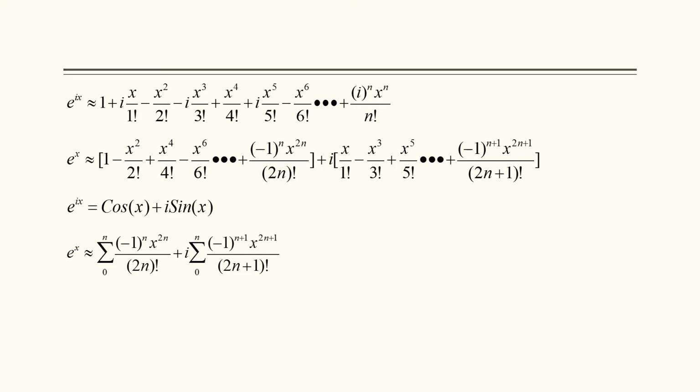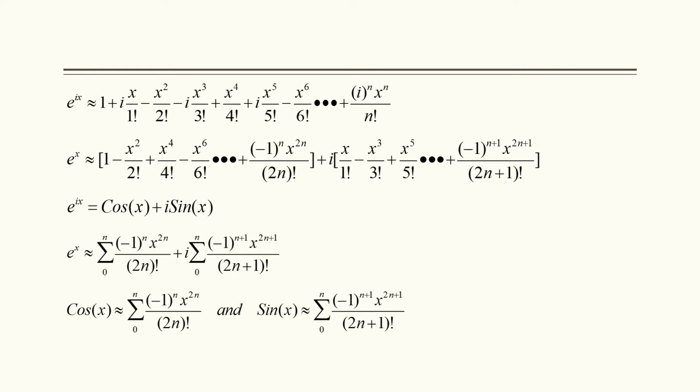And we could see that e to the power of ix is equal to the power series from 0 to n of minus 1 to the power of n times x to the power of 2n over 2n factorial, plus i times the power series from 0 to n of minus 1 to the power of n times x to the power of 2n plus 1 over 2n plus 1 factorial.